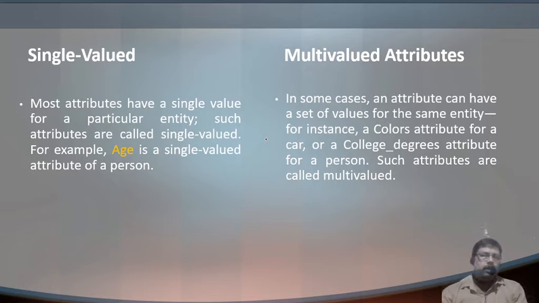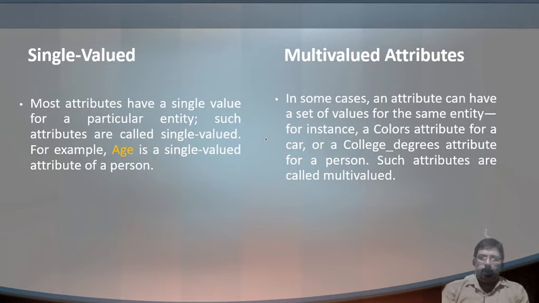But there are some attributes where the attribute can have more than one value, such as a car. Here the color of the car can be more than one. If in a car entity you define a color, it may contain more than one color, correct? So the color of the car will have multiple values such as green, white, black. These are the different car colors we will have.